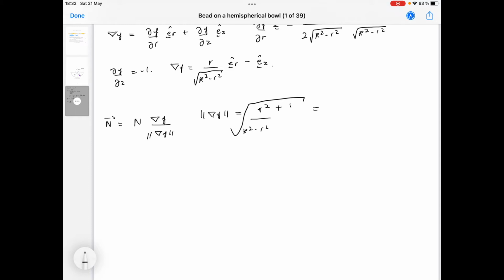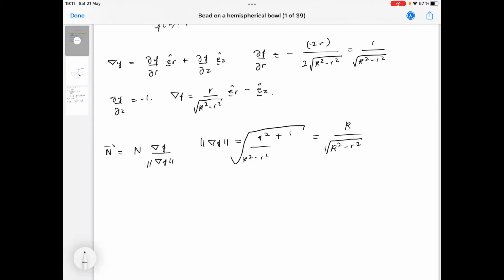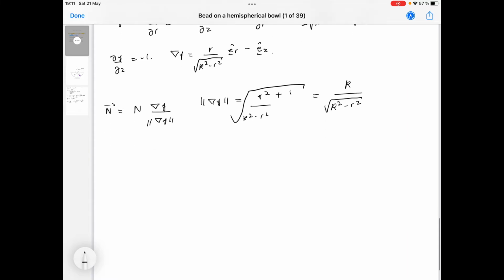That's r squared plus R squared minus r squared, which gives R over the square root of R squared minus r squared. That's the norm of the gradient. We can write that this square root is just minus z.